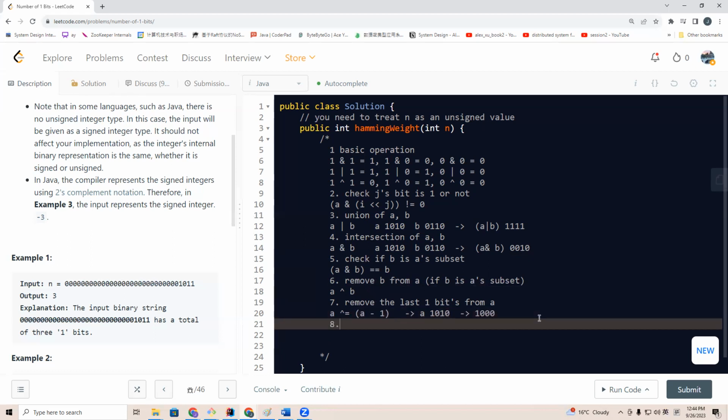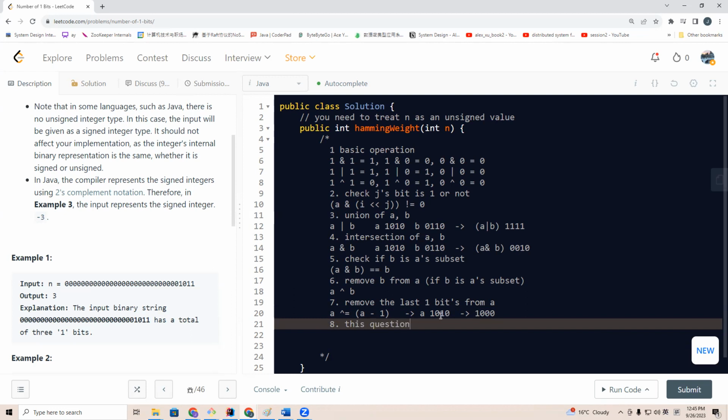The eighth thing we want to review is how to count how many ones, just like this question.